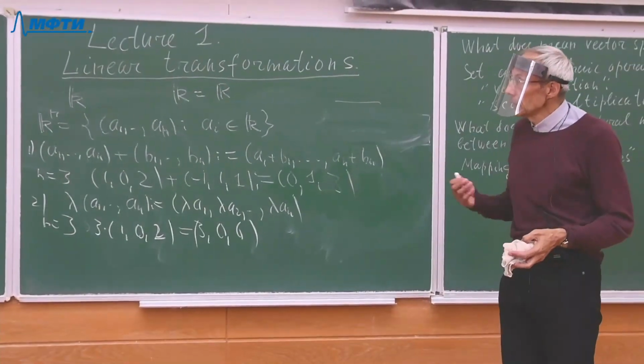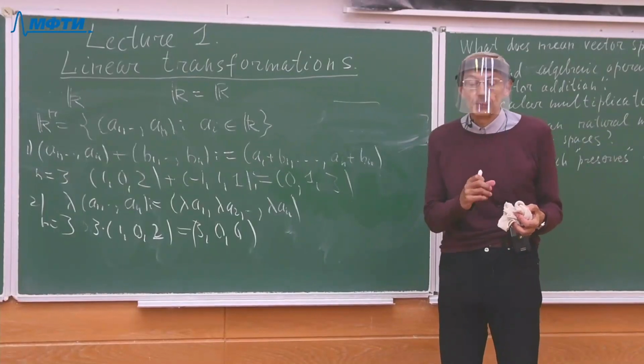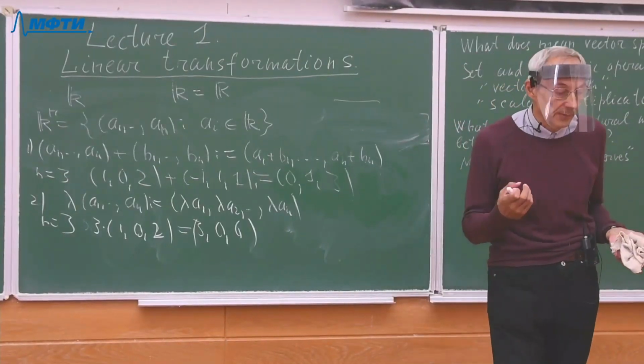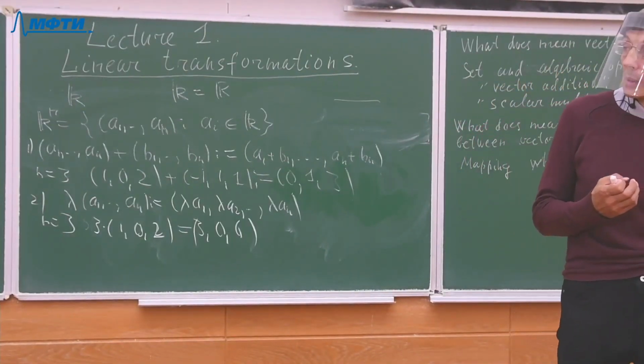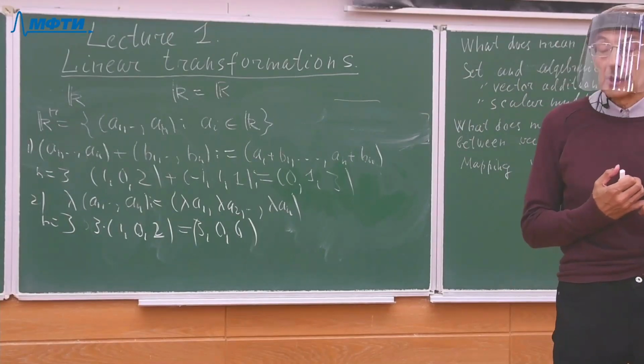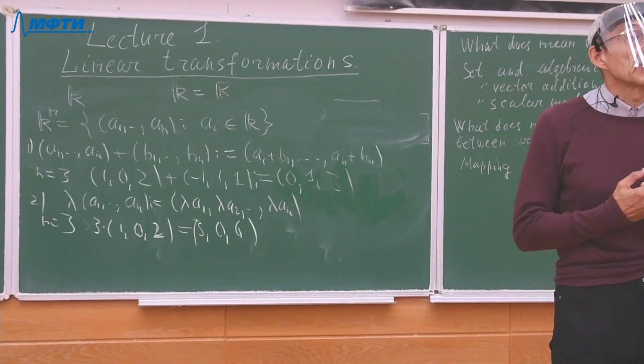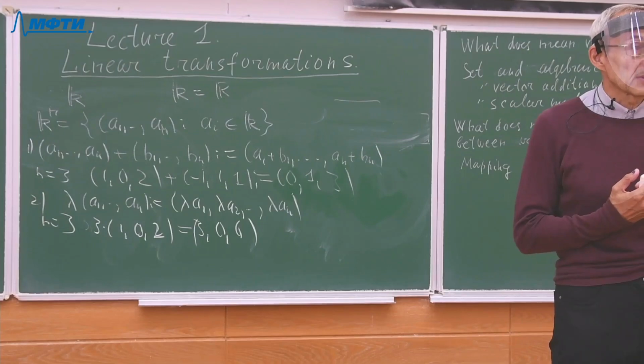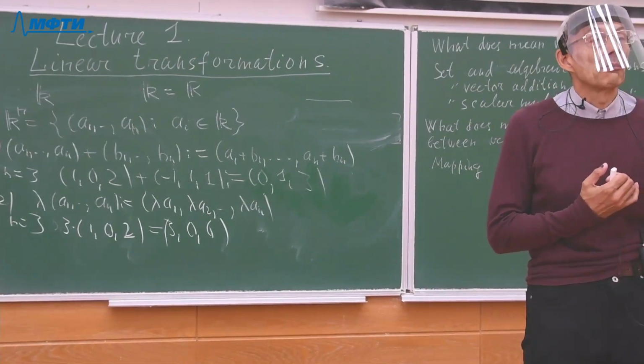I recall that the basic notion of vector space theory is the notion of a basis in the vector space. What does it mean, basis?